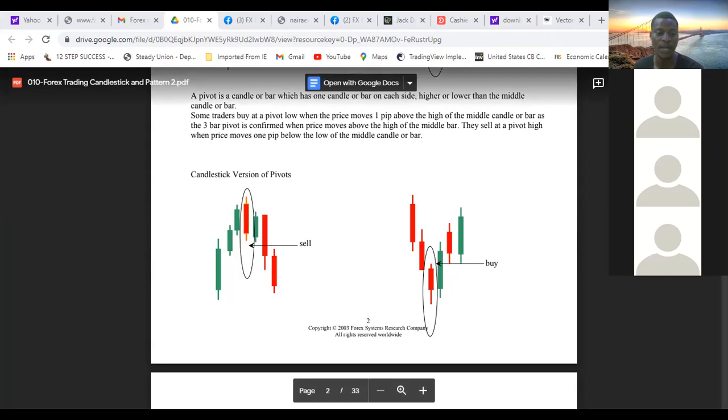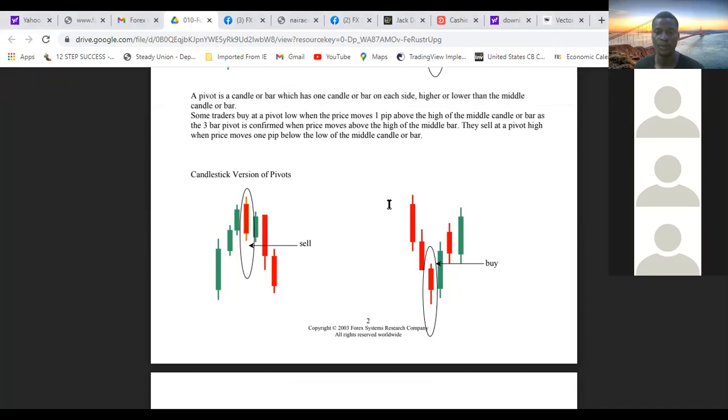Then you have $50 divided by 50 pips, divided by 10. That will be your lot size. I hope you get the maths. So the amount you are willing to stake in dollars, divided by the amount you are willing to risk in pips, then divided by 10, will give you the lot size you're supposed to use to trade such a trade.